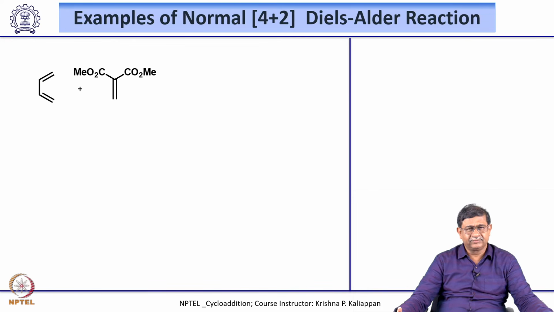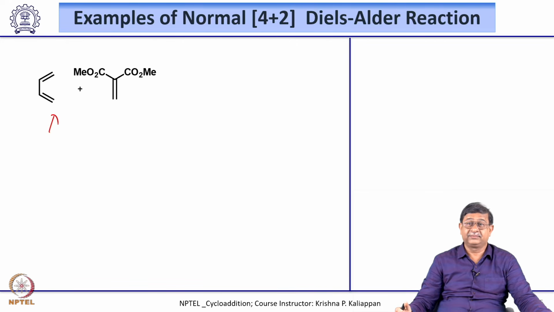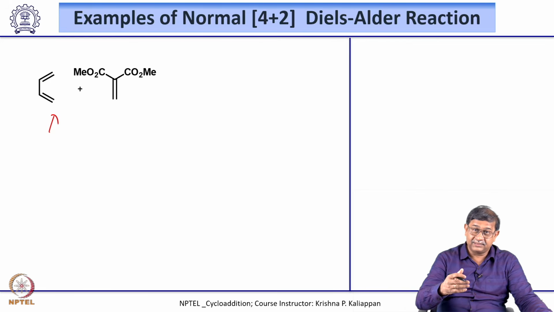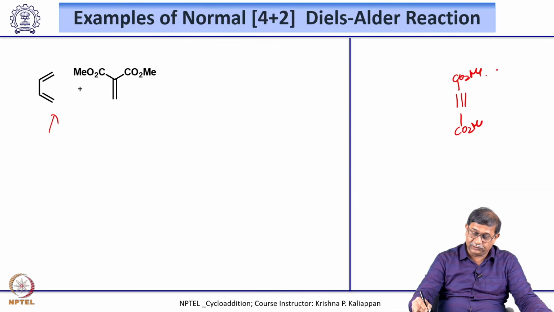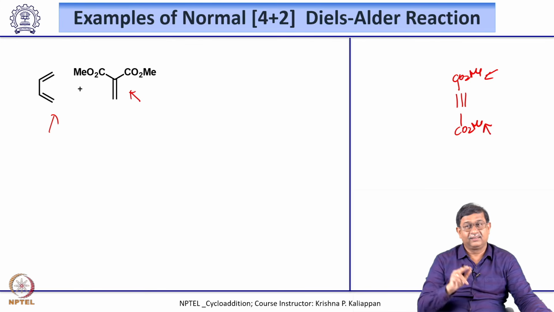You take the diene, for example, again butadiene, and a very strong dienophile. The earlier case we saw was dimethyl acetylene dicarboxylate, where the two esters are attached at both the carbons, but here you can see the two esters are attached to one carbon.